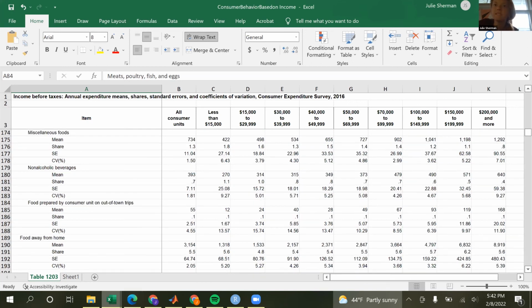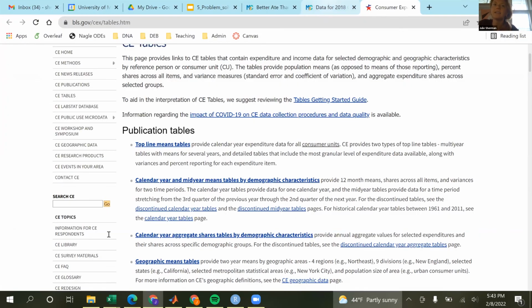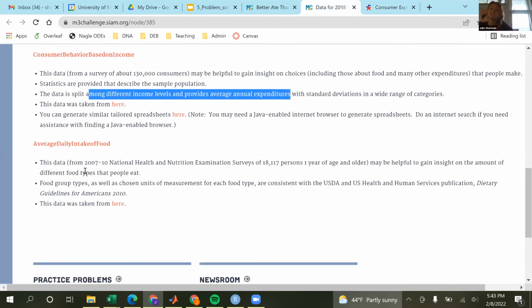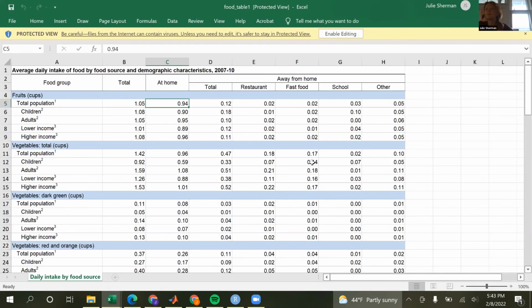There is one more data sheet, so let's look at that. And that is the average daily intake of food. So this is now where we are finally getting some data about how much people are eating and how much we want to provide to the food insecure, or how much within each household is being consumed.